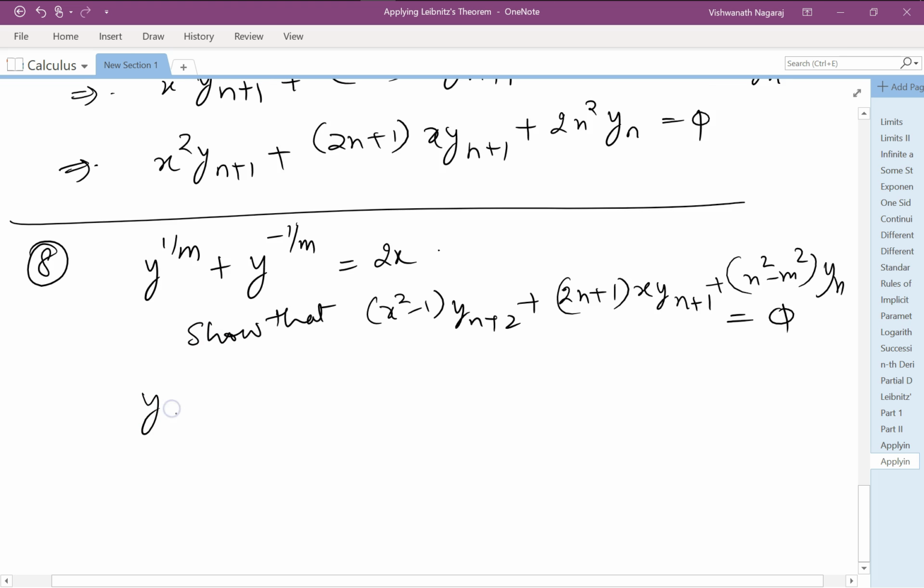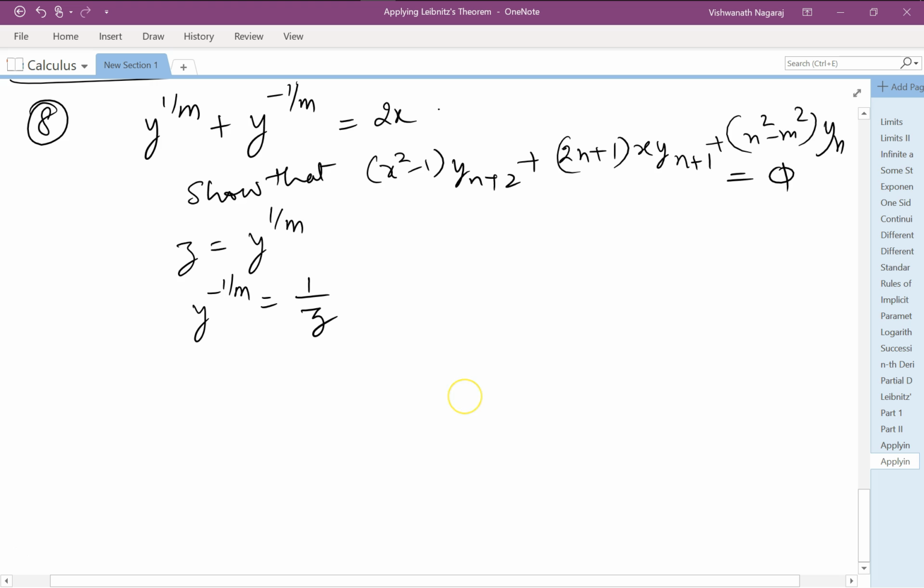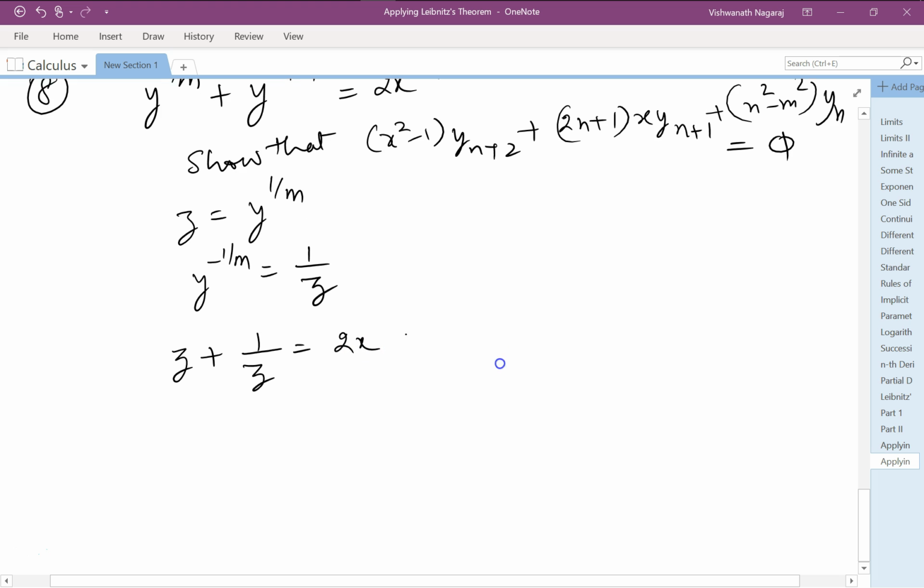Okay, let's say z is equal to y to the power of 1 by m. Now remember, y to the power of minus 1 by m is nothing but 1 by z. So which means y to the power of 1 by m is z, and our equation becomes z plus 1 by z is equal to 2x.